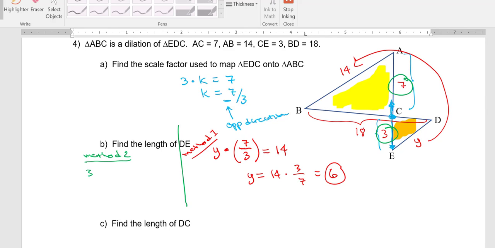So 3 from the smaller triangle is to 7 of the bigger triangle, as y from the smaller triangle is to 14 from the bigger triangle, which is the corresponding side over there. And again, if I solve for y here, I get y equals 6, which is what we were looking for.